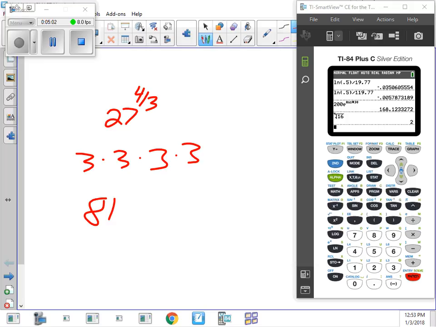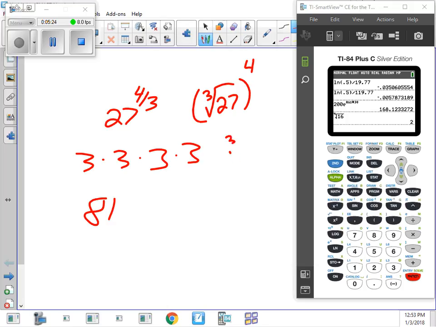Now, I don't think we're going that far today, but I think it's valuable for you to see that before we get there. So the other way would be the third root of 27 to the fourth. And the weird thing is, you can actually put the 4 on the outside or the inside, and it's not going to matter.